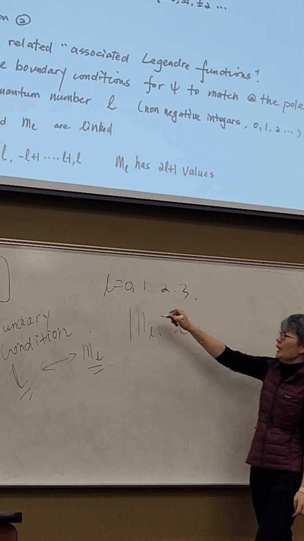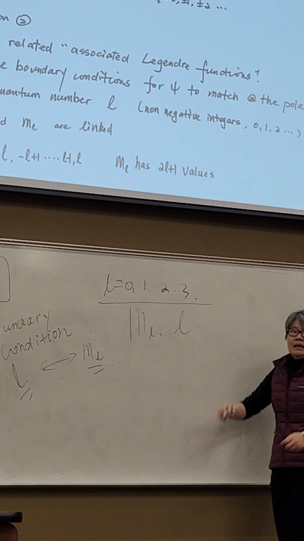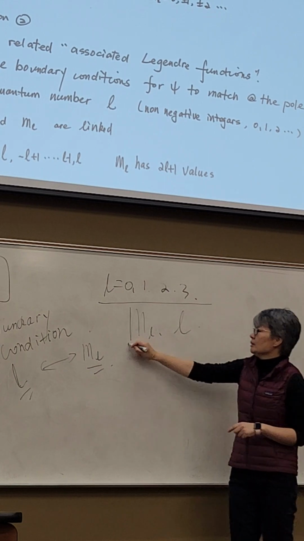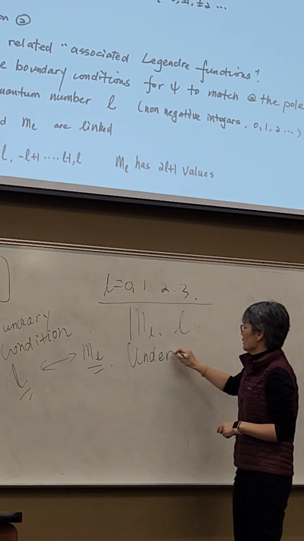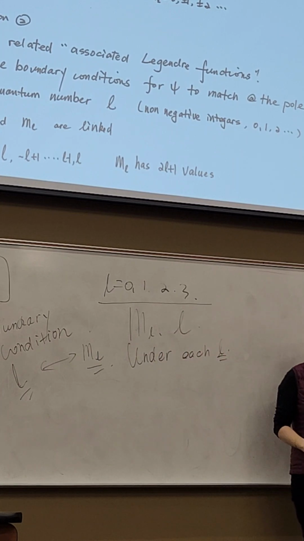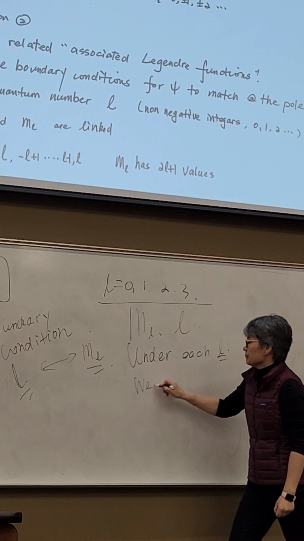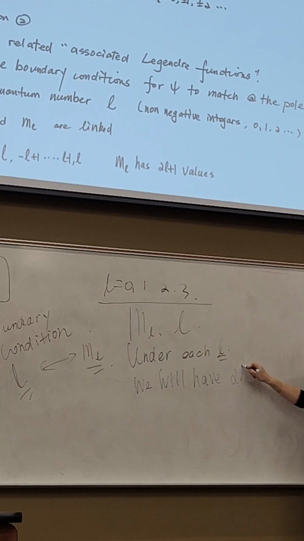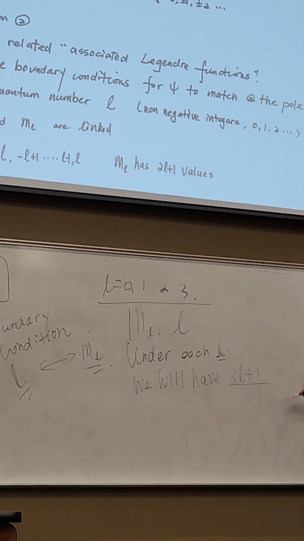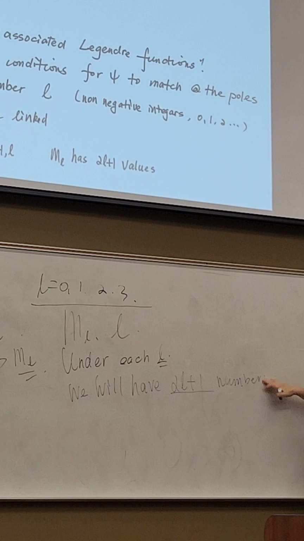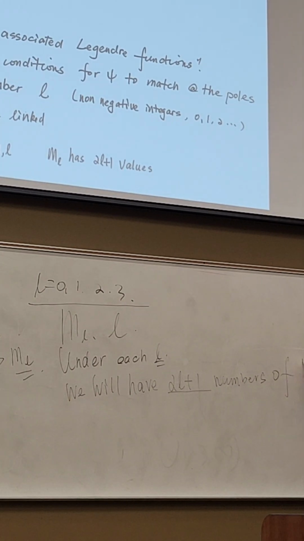So L can take non-negative integers. Under each L value, we will have 2L plus 1 m sub L values.